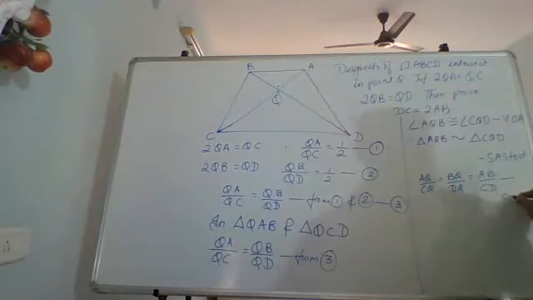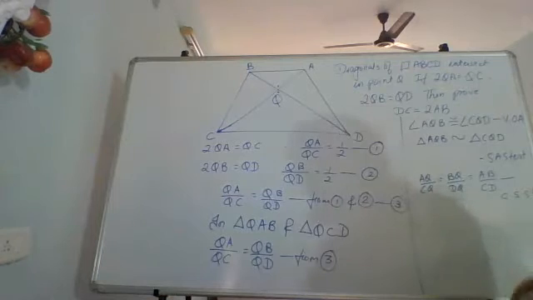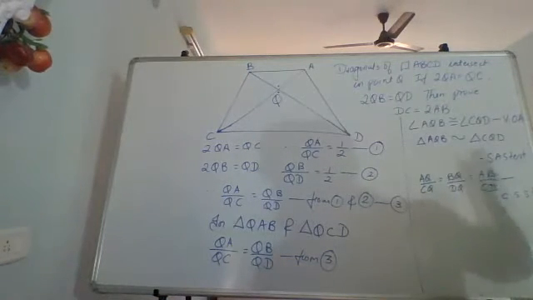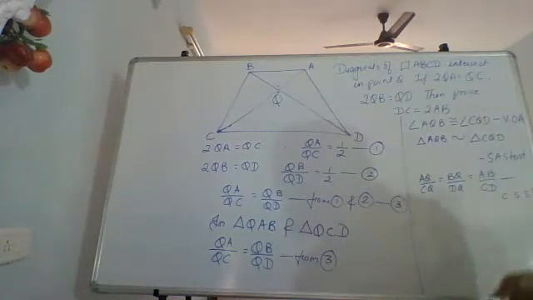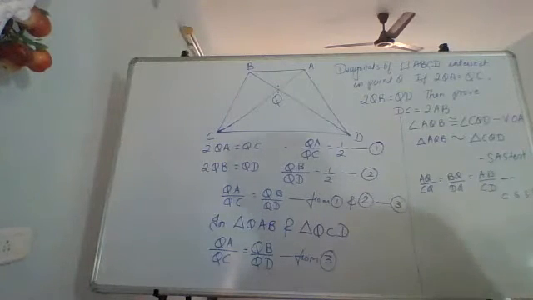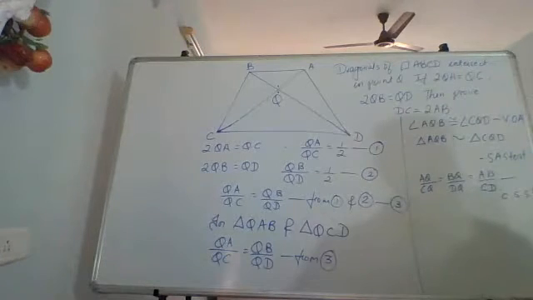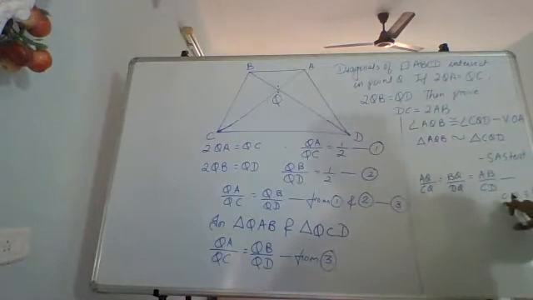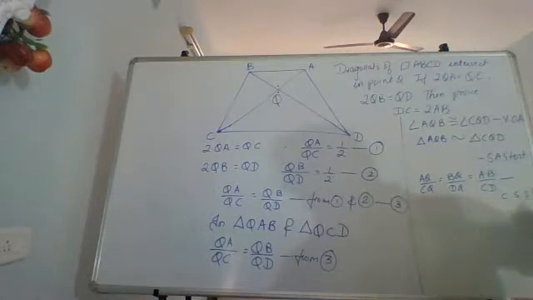Here you can say corresponding sides of similar triangles. You don't have to write it in full. Instead, you can just write the short form CSST, which is acceptable. C for corresponding, S for sides, S for similar, and T for triangles.